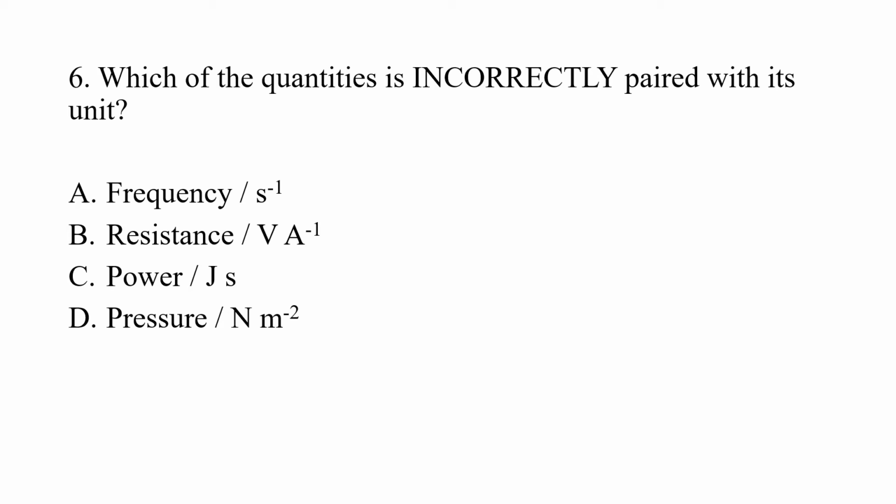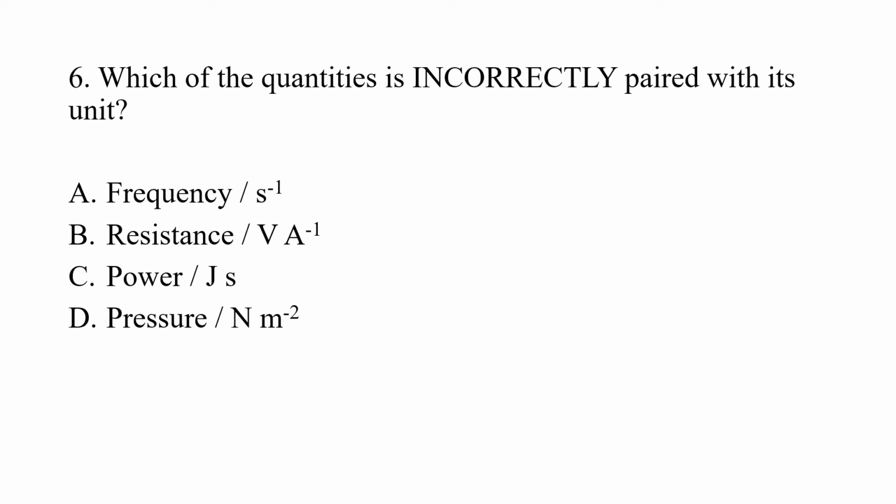Question 6. Which of the quantities is incorrectly paired with its unit? Okay, so going through this step by step. For frequency, we can agree that it is correctly paired with its unit, as to calculate frequency we use 1 over time, which in essence is per second. For resistance, we would use Ohm's law, which is V equals IR.